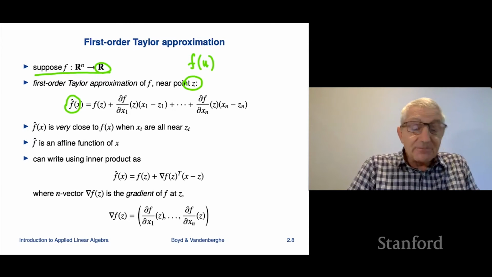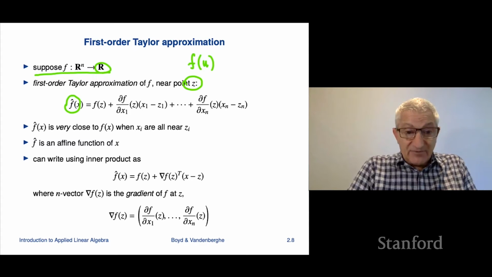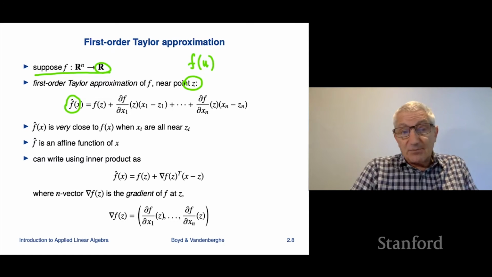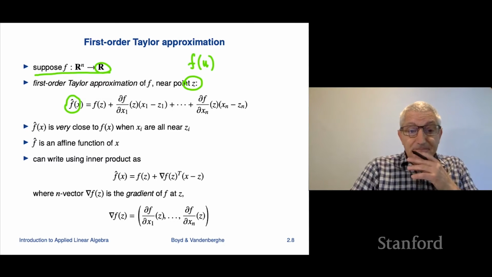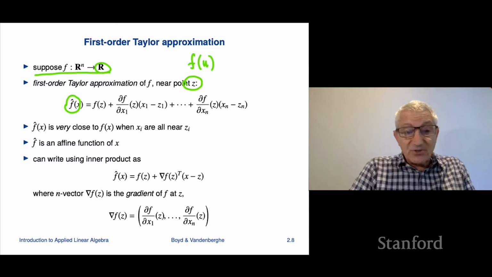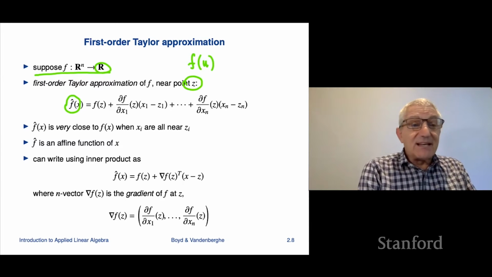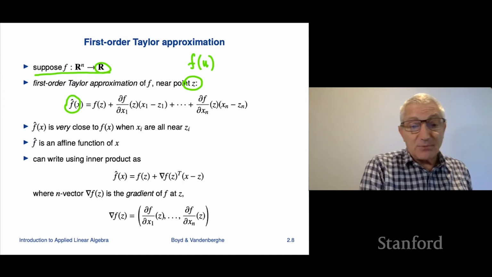So when you see f hat, it's an approximation of f. It's a convention that's common across many areas of applied mathematics. It's not universal, there are other subfields where hat means something different, like the Fourier transform, but very commonly a hat means an approximation.